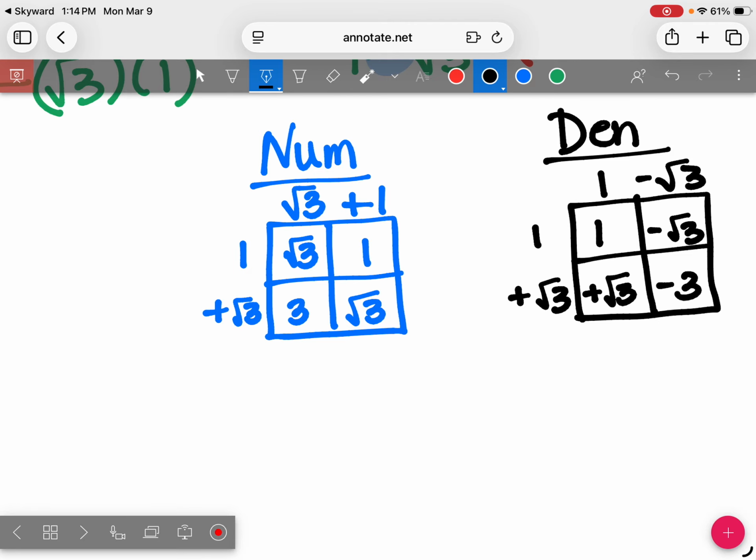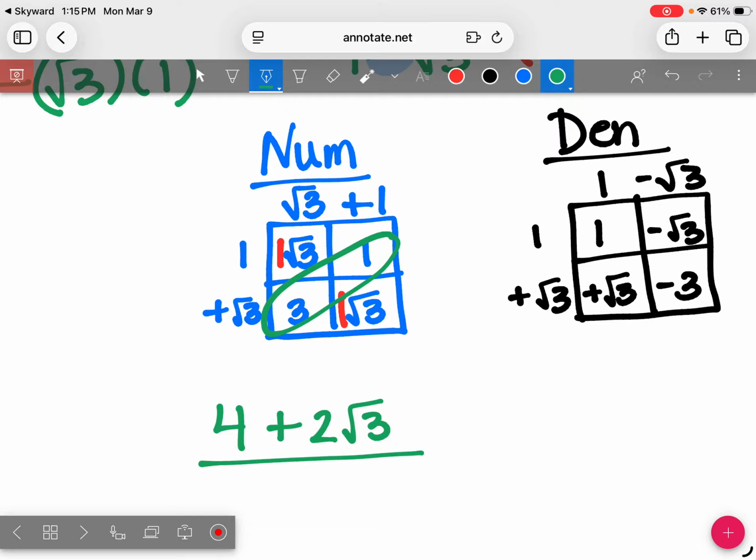So these are like terms because they both have a 1. So we can add these together. 3 plus 1 is 4 plus 1 root 3 plus 1 root 3 is 2 root 3s. That's what I have in the numerator.